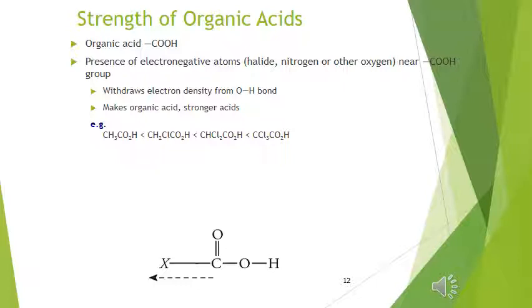Okay, next part is type of acid. It's called organic acids. In particular, these things are called carboxylic acids, and they have a formula that looks like this. They're often given as COOH.